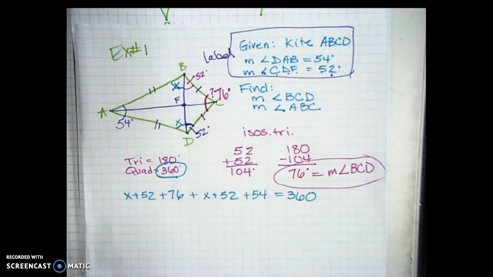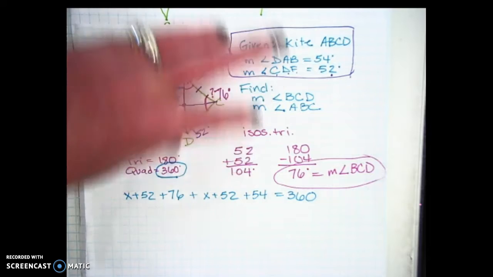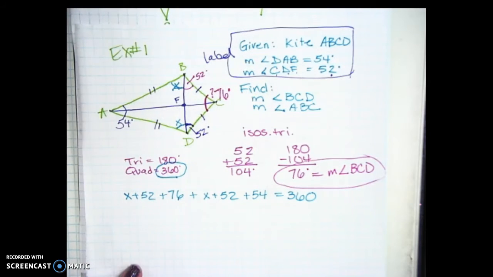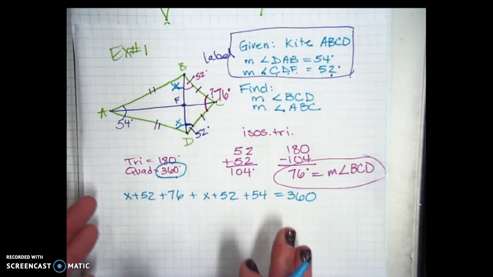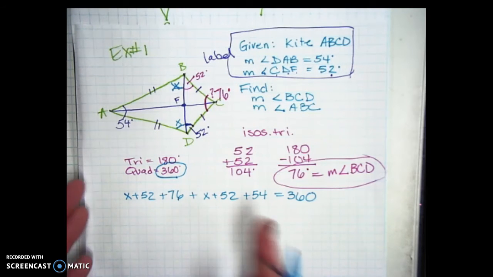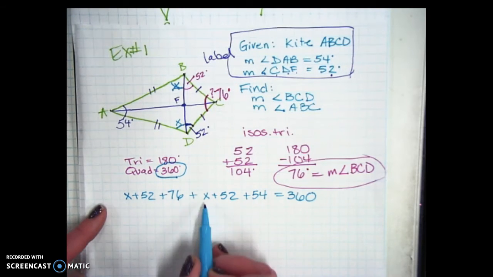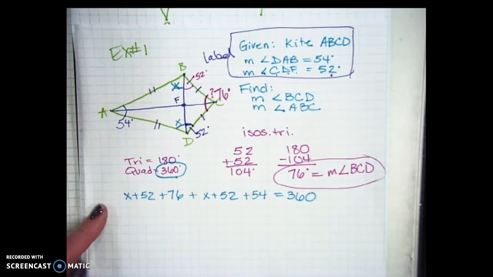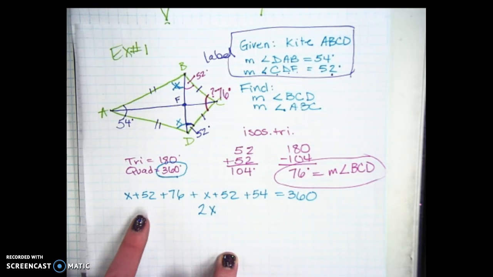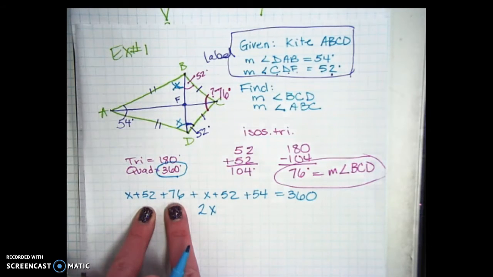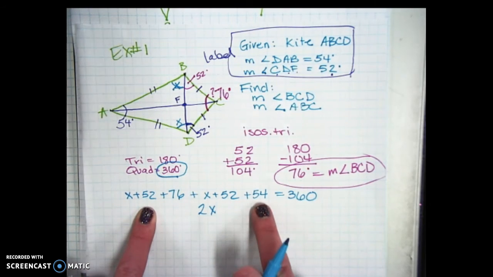Okay? So we dealt with the triangle. Now we're looking at the whole figure, the quadrilateral. Okay? Now it's just your basic pre-algebra kind of problem, right? You've got some variables, combine them. A 1x and a 1x is how many x's? 2x. And if you have a calculator, you can combine the 52, the 76, the 52, the 54.